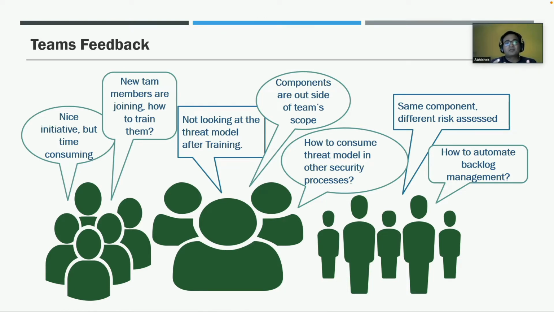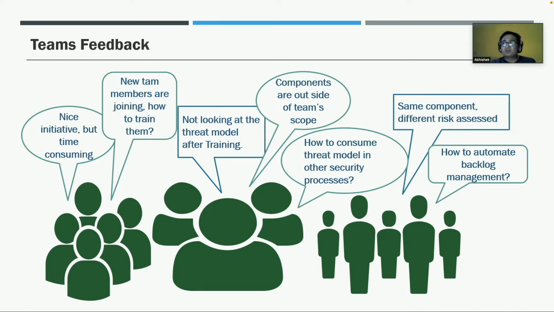Teams are not updating their threat models after they complete their workshops and trainings. The components are outside of the team's scope. So a team is consuming a component from another team, and they don't know when that team is going to do a threat model on their component, and they are not responsible for this component.